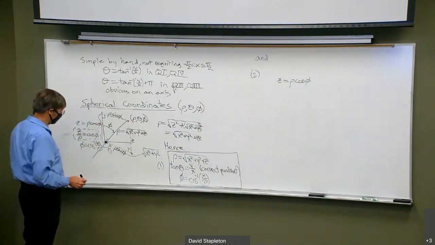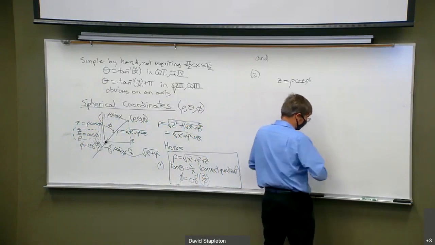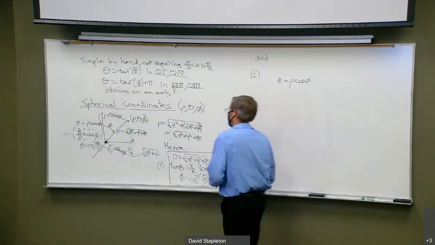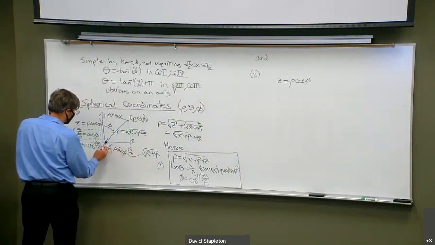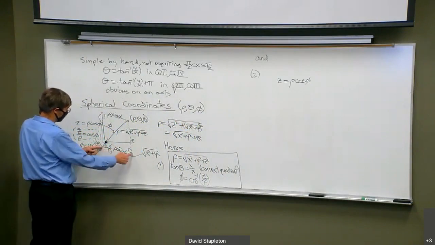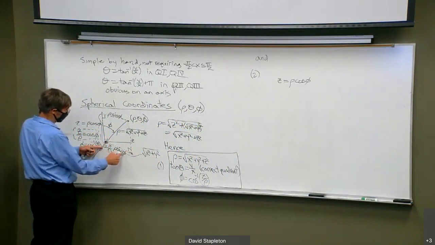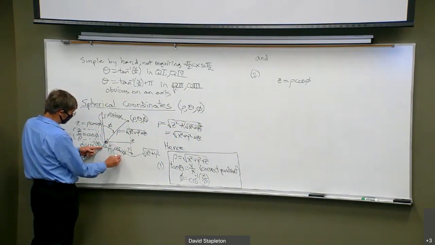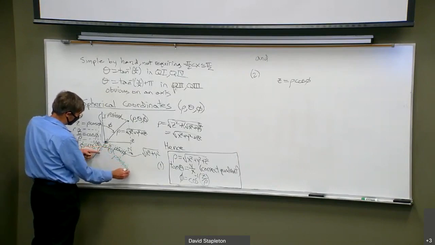So if this is rho sine phi, now what I can do, let me get a different color here because it's going to be tricky. If I drop a perpendicular here back to the x-axis, right angle, what's the length of this side? Here's the angle theta in the triangle. The hypotenuse of the right triangle is rho sine phi. This side, since it's the opposite side, is the hypotenuse, rho sine phi, times the sine of the angle, sine theta.